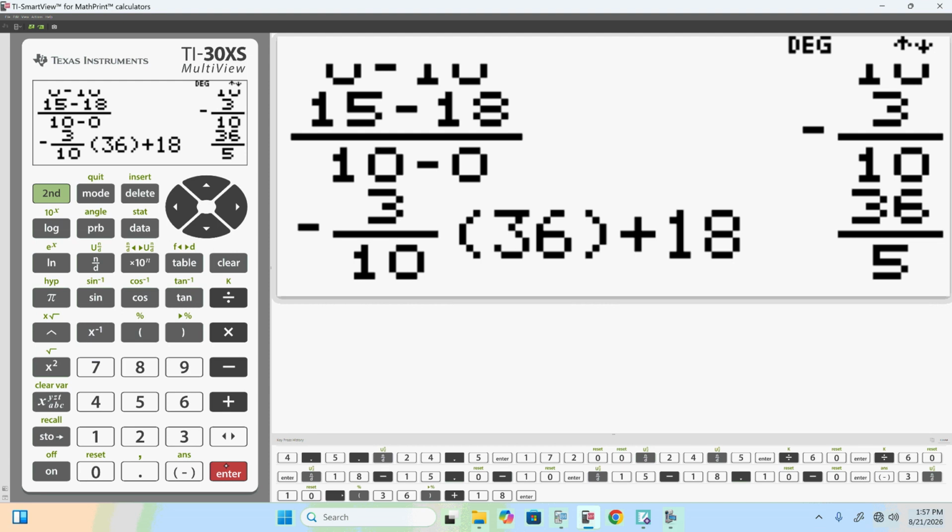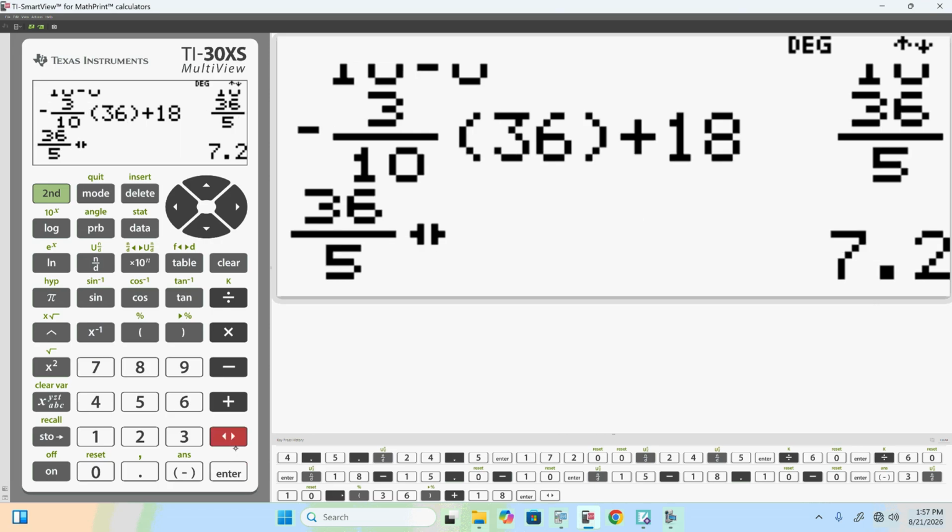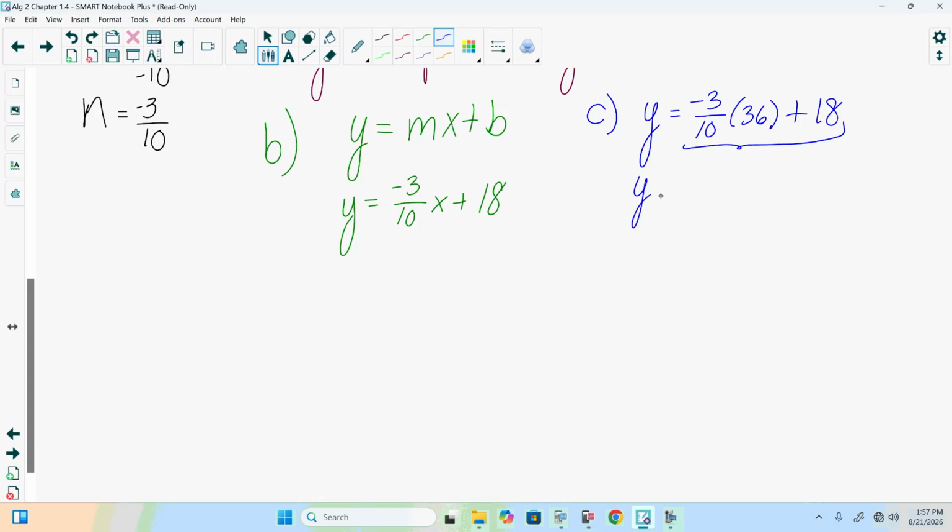So our remaining balance is 36/5 in thousands of dollars. Might be better to just have it as a decimal, yes? 7.2. So y is equal to 7.2, or we would say $7,200. Is the remaining balance after 36 months? After 3 years?